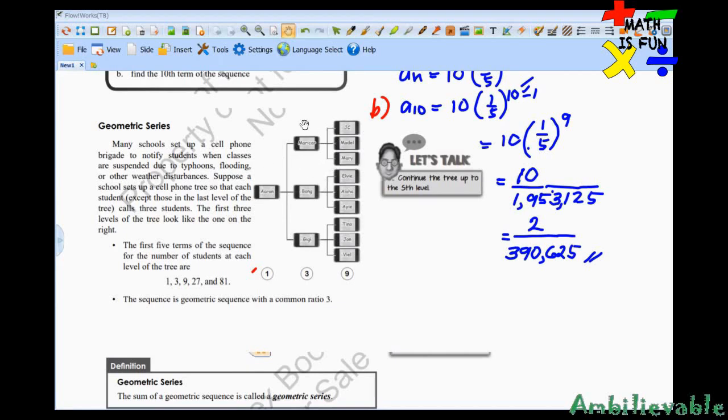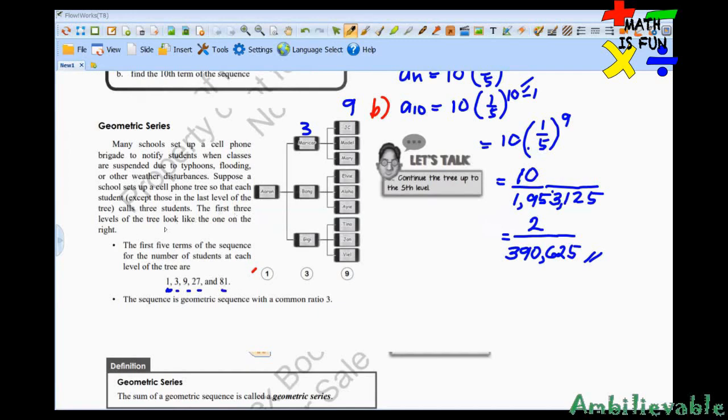So on the first level, it's definitely one, and then it's three, and then it will become nine. So 1, 2, 3, 4, 5, 6, 7, 8, 9, and so on and so forth. So the numbers are 1, 3, 9, 27, and 81. Okay.